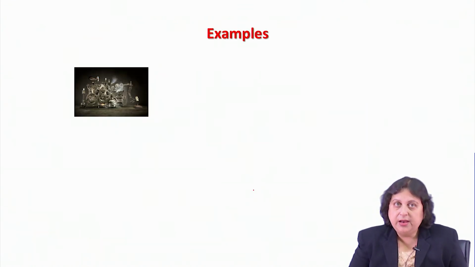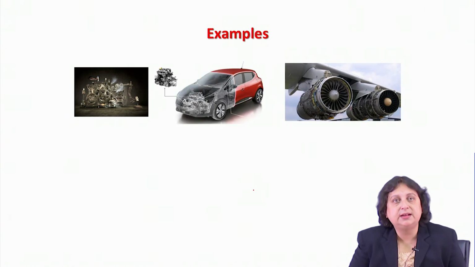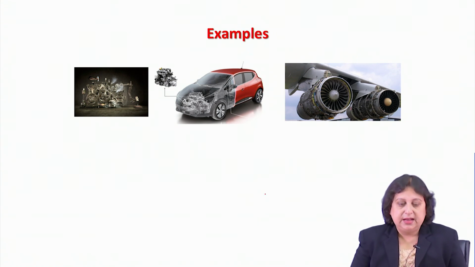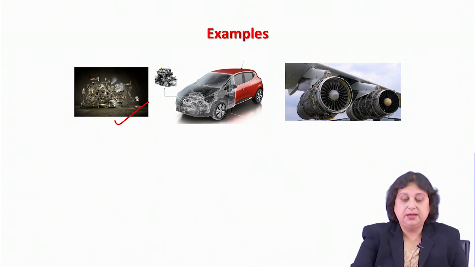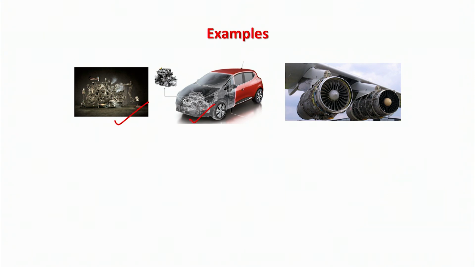And if I look at different examples of the systems that people talk about in thermodynamics, you would see in the example cited here, they can be as varied as a complex machinery, or a car engine, or the engine of an aeroplane.